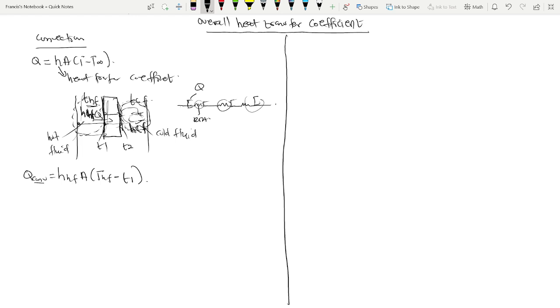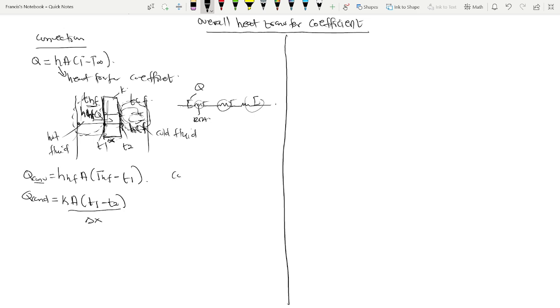Now from this point to this point, the heat is transferred by conduction. So heat of conduction will now be thermal conductivity of the wall, k, multiplying the area, which will still be the same, multiplying T1 minus T2, because T1 is at higher temperature than T2, all over Δx, the thickness of it.